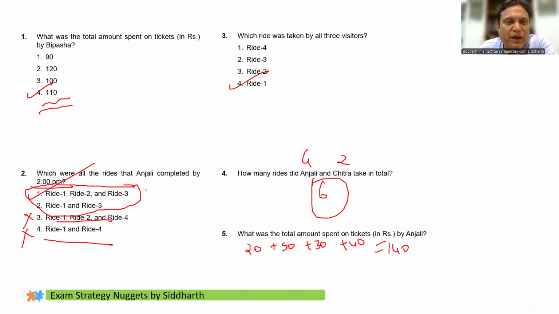Just by using the information of this question, that it has to be ride 1, ride 2, and ride 3 that she would finish by 2 p.m., because she has not waited anywhere, I am able to solve all 5 questions, right?